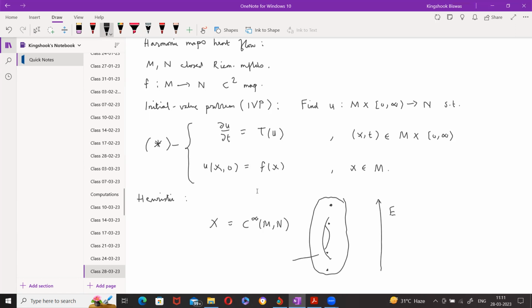These critical points are points where the so-called gradient of the energy, or minus the gradient, which is the tension field, is 0.